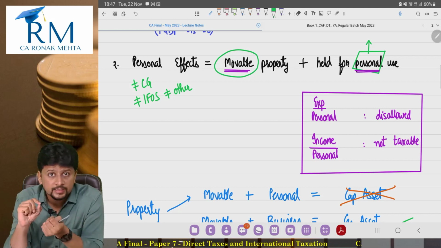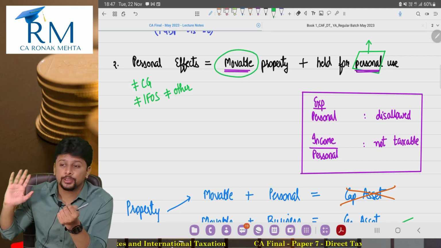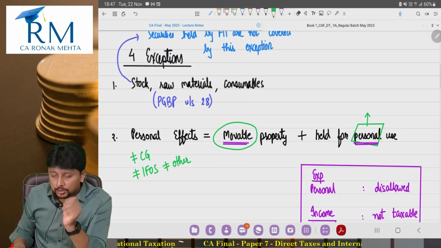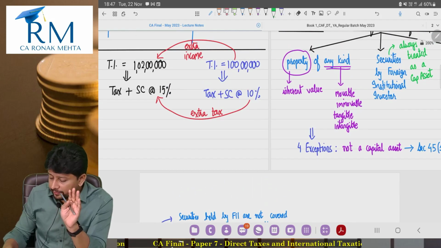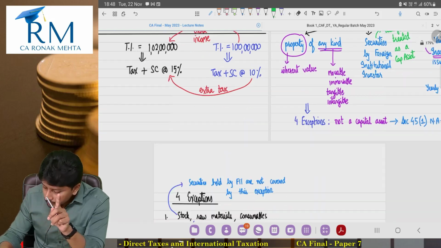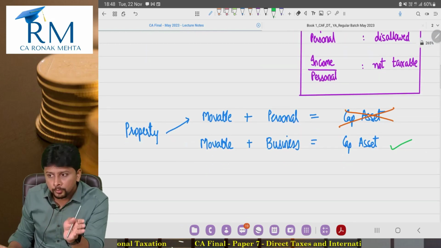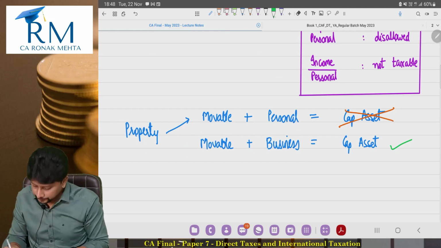That means the block does not fall in the exception. It falls in the main definition, but it does not fall in the exception. That means it is a capital asset, movable but held for business use.